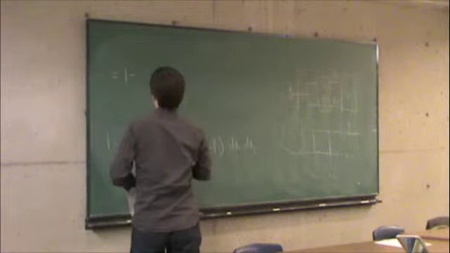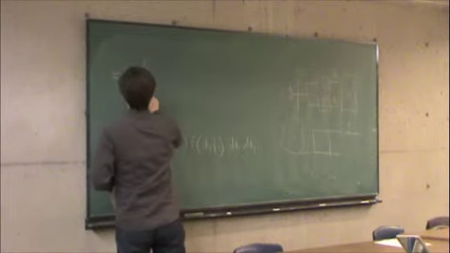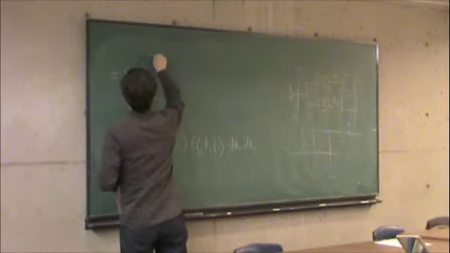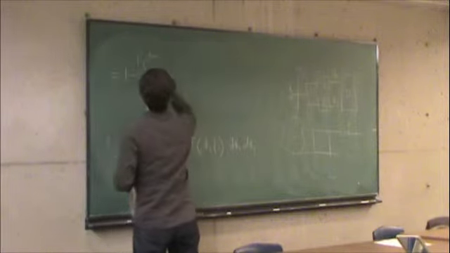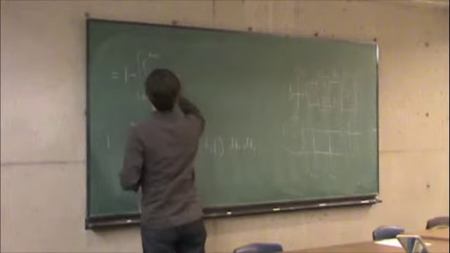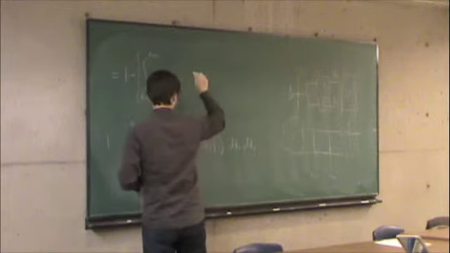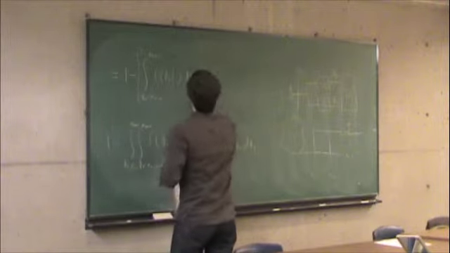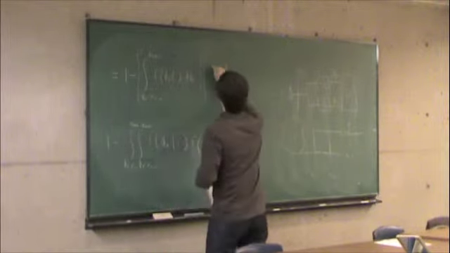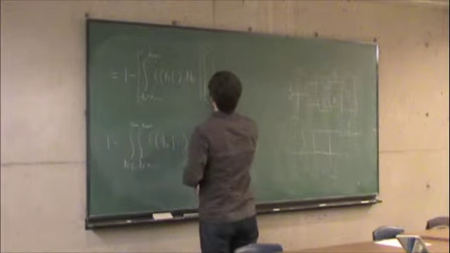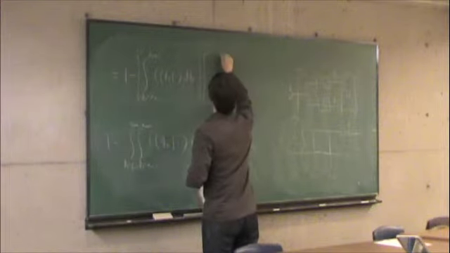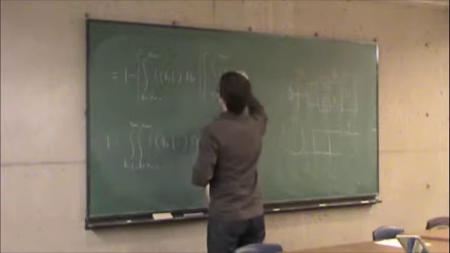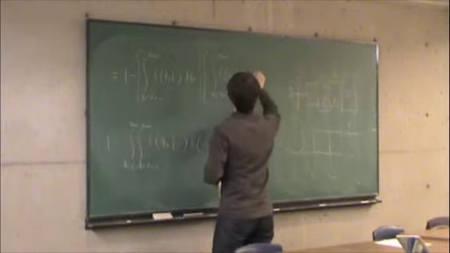So I get 1 minus the integral over phi x from x min to x max of f of phi x given I, d phi x, times the integral from phi y equals y min to y max of f of phi y given I, d phi y.